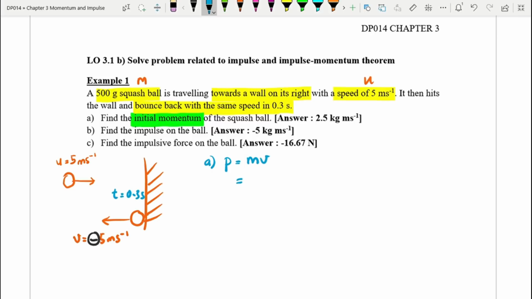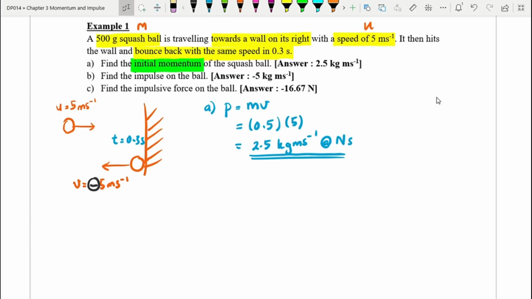So the mass of the squash ball is 0.5 kg times the initial velocity, which is 5. So we will get the answer, which is equals to 2.5 kg m s^-1. Or you can write the unit for momentum as Newton second. Alright, so that is the first part of the question. Okay, let's look at the second part of the question.